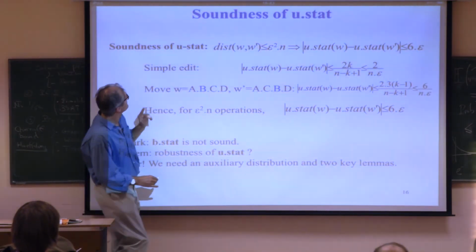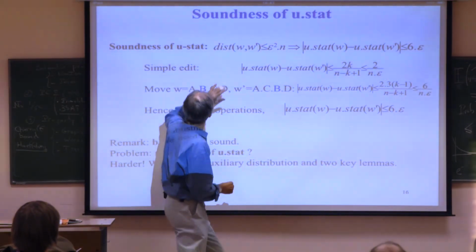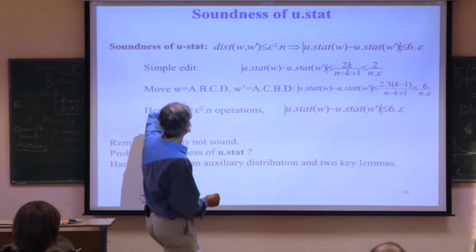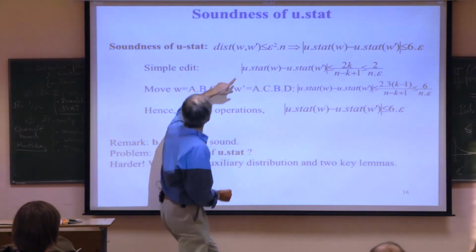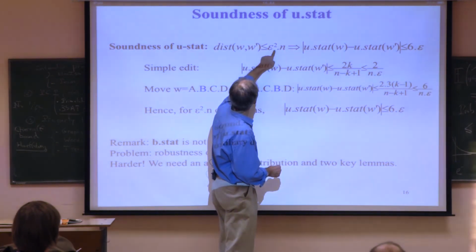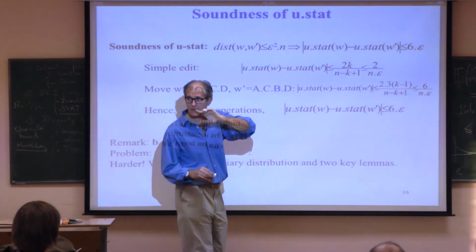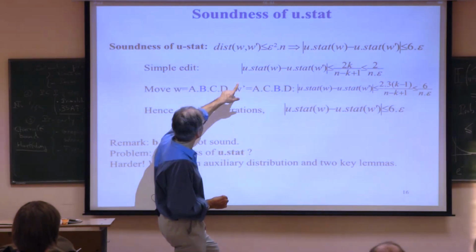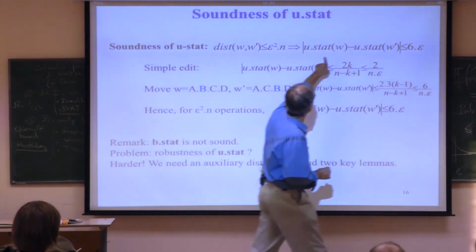Imagine that you apply a number of operations which is less than epsilon square n. So now there's still a gain on an epsilon here, and I want to show that the statistics will be close.